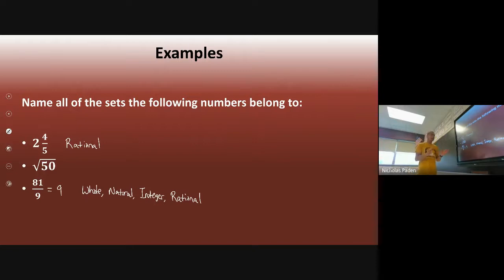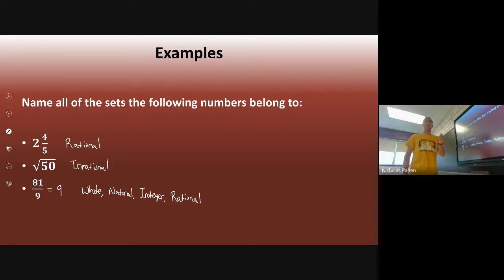So the square root of 50, it doesn't have a number that we can find. In fact, if you were to type this into a calculator, you would get a bunch of decimals, and it would never end, and it would never repeat. And so if you can't find the square root of a number, then that means it is irrational. So go ahead and get that down, that it's an irrational number.